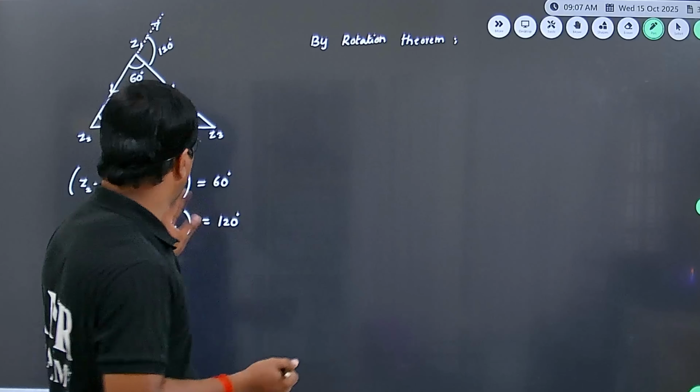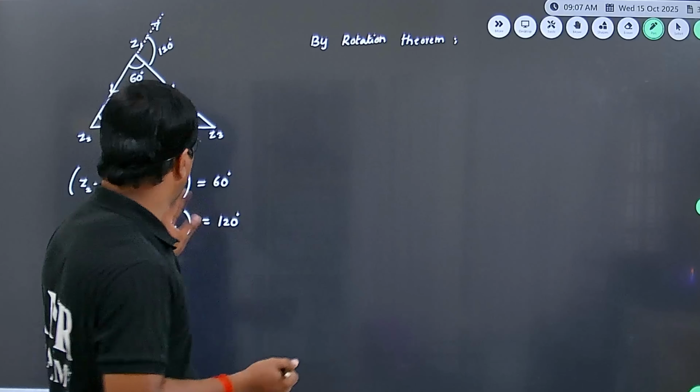Next, root 3 into i square, the value is minus 1, so we get minus root 3. Yes, here is the difference. Here you have plus sign, there you will get minus sign. Minus 4 into minus half, that is plus 2, minus into plus, minus 2 root 3 i it is. Therefore, A is written as, first the real part, 2 minus root 3, next the imaginary part 1 minus 2 root 3 of i. Therefore, coordinates of A are 2 minus root 3 comma 1 minus 2 root 3.